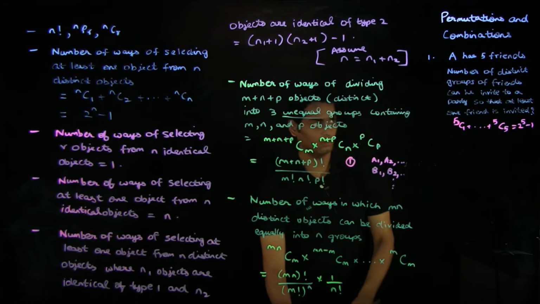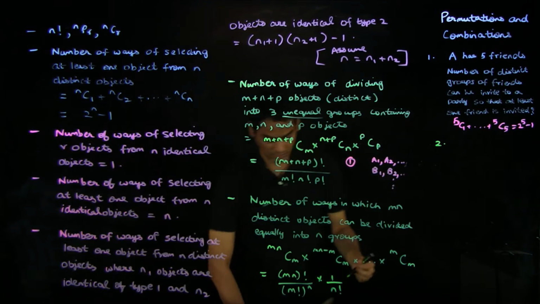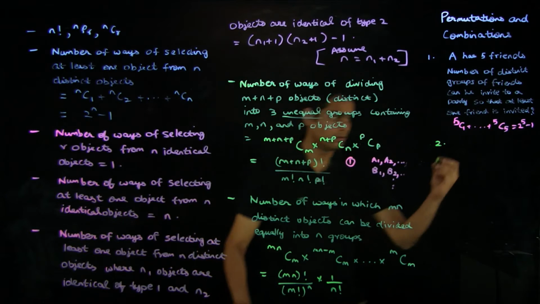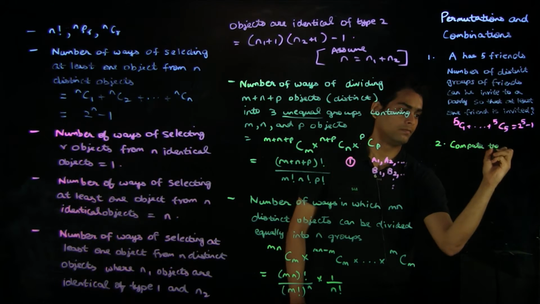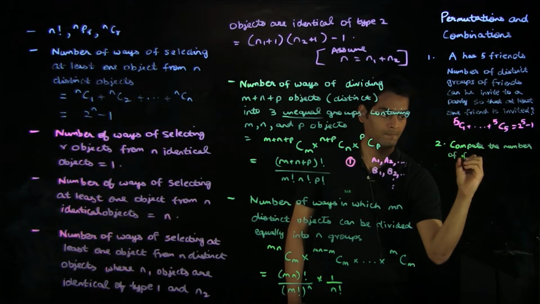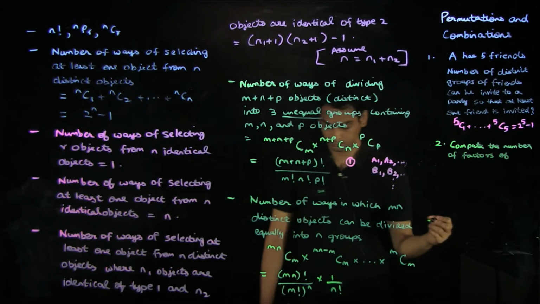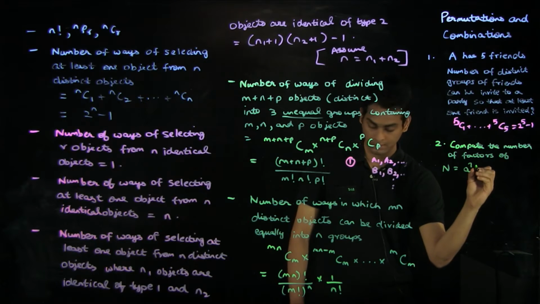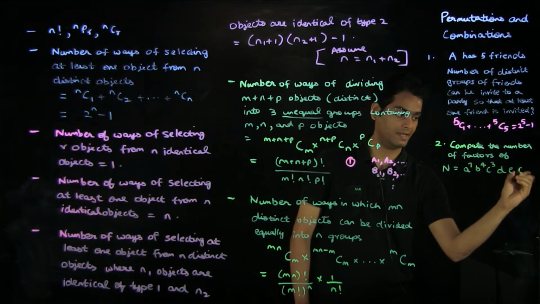So the second example asks us to compute the number of factors of the number n equals a power 7 times b power 4 times c cubed times d times e times f.